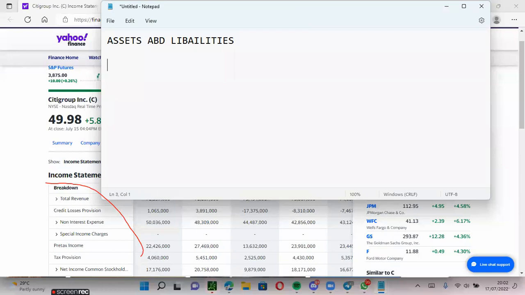Let's say a company is worth 100 billion and has loans of 30 billion.